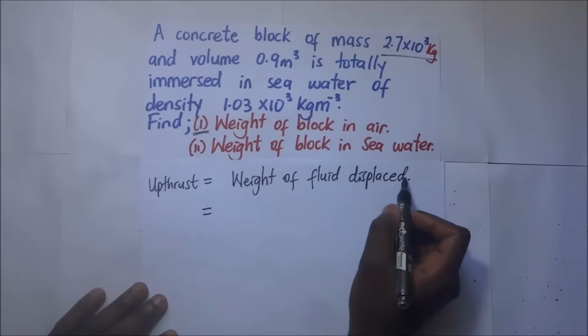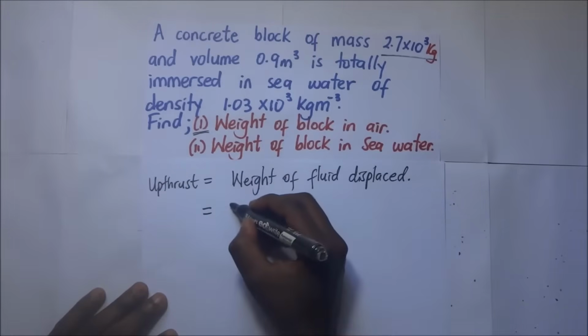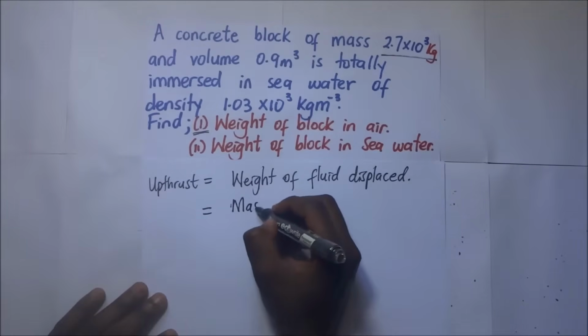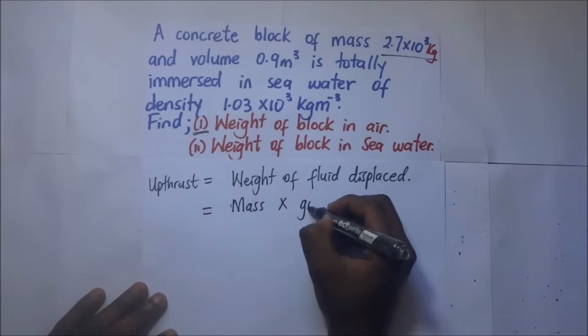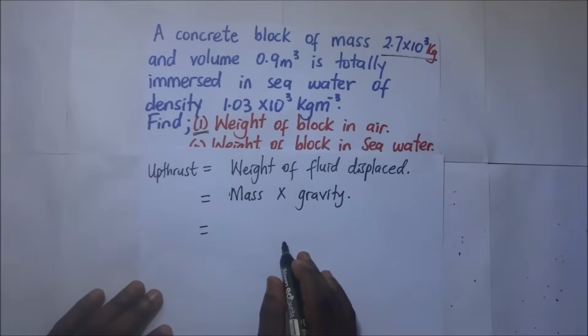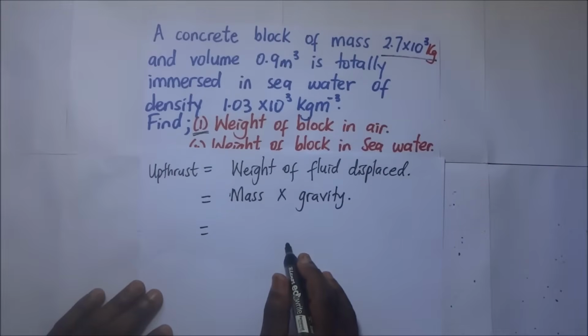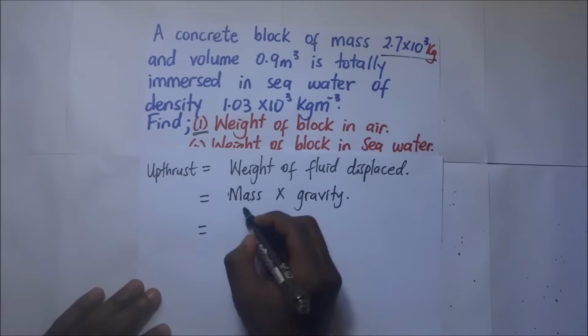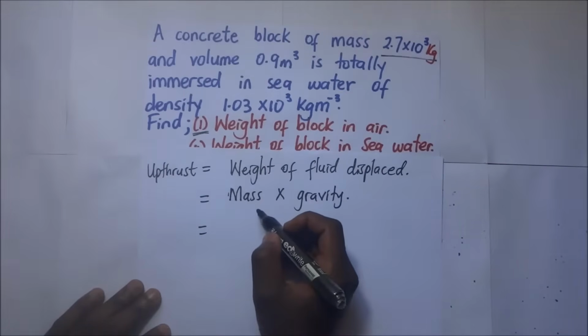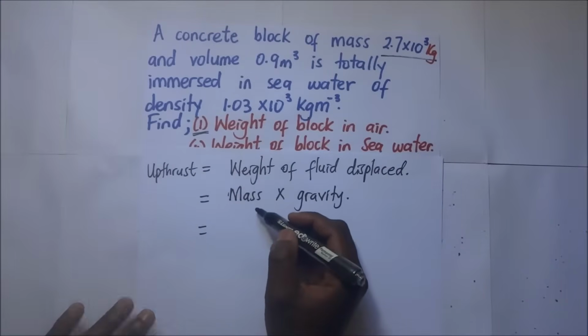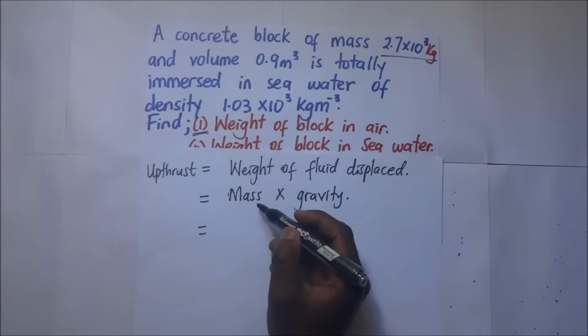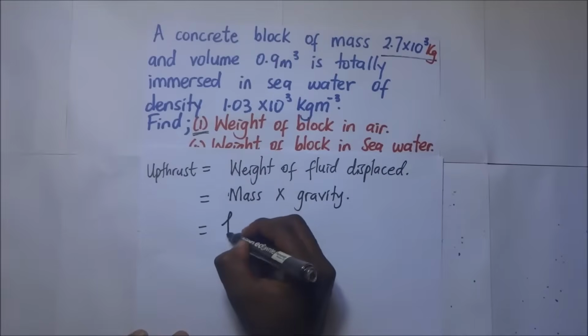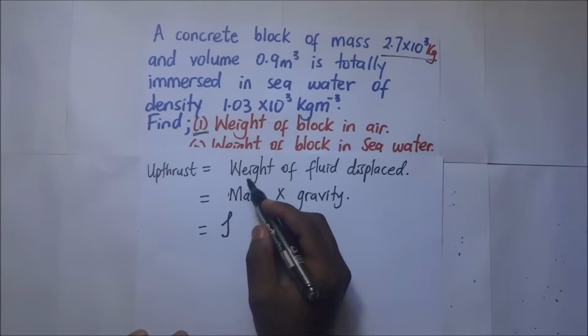The upthrust is the same as the weight of the fluid displaced, and we know that weight is given by mass times gravity. What is the mass of the fluid that has been displaced? Of course, we do not know it directly, but mass is given by density, that is the density of the water, because we are dealing with seawater.